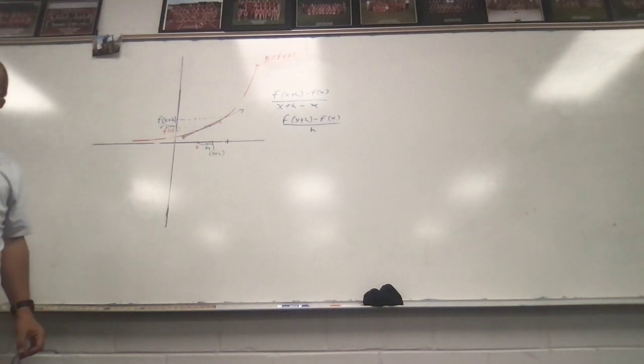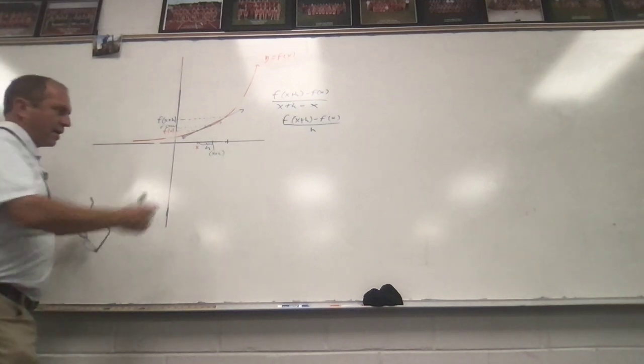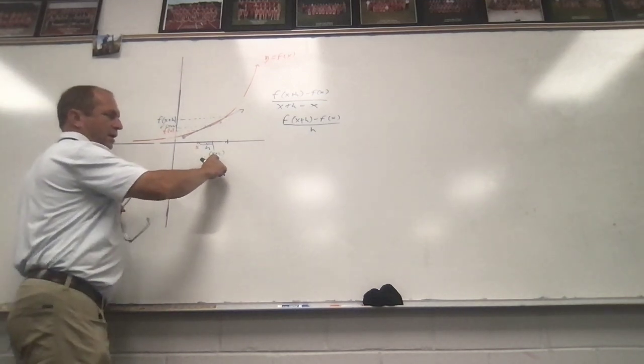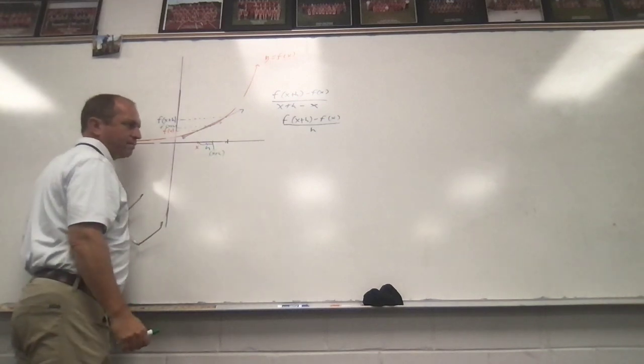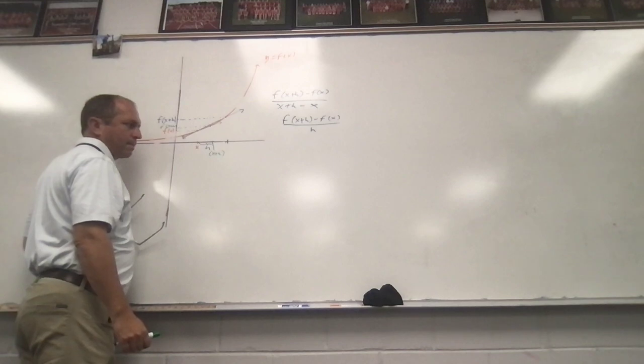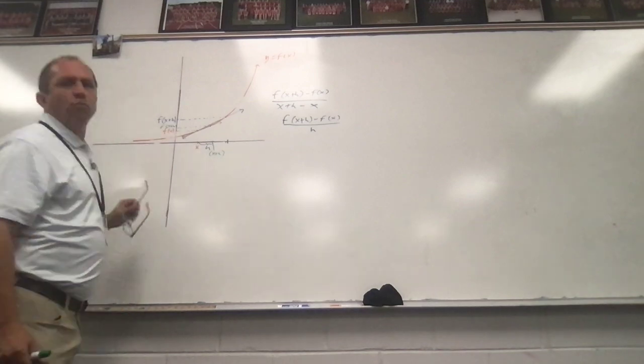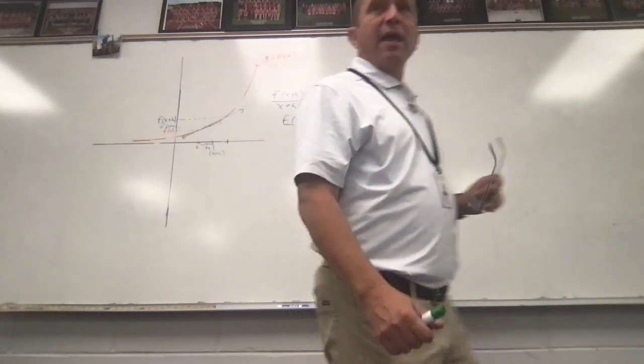But I could still do better. And how could I do better? Just get closer. Move in my independent variable closer, right? Ultimately, what would I like to happen with that h?